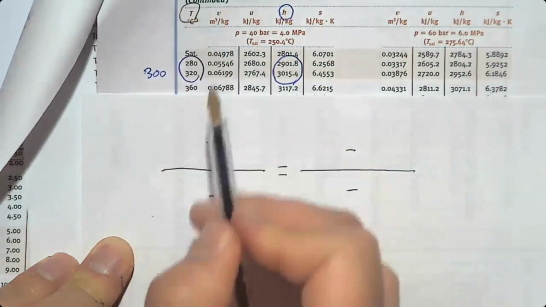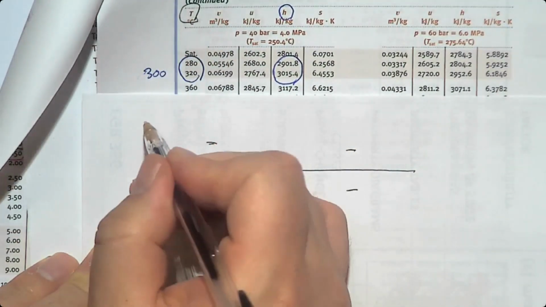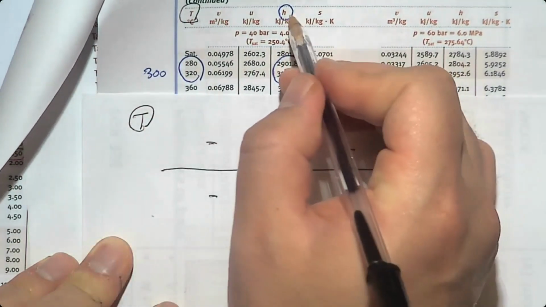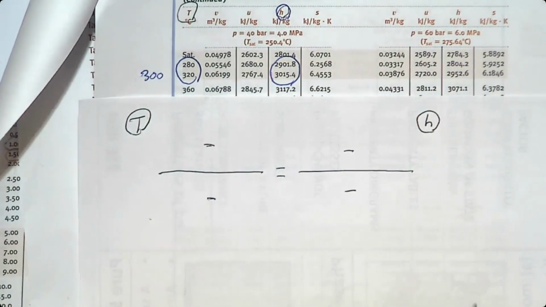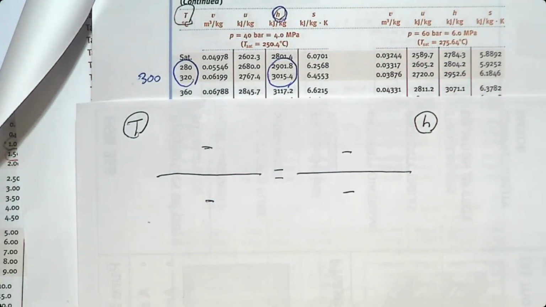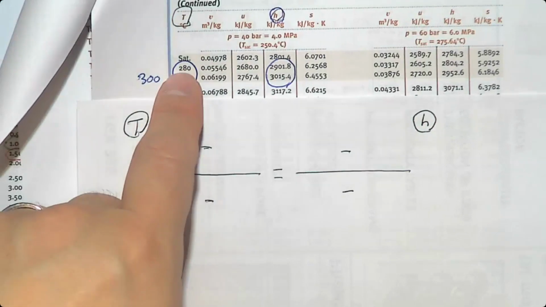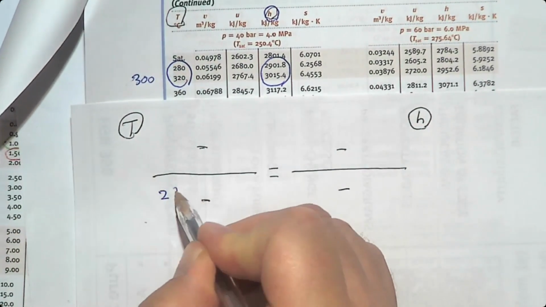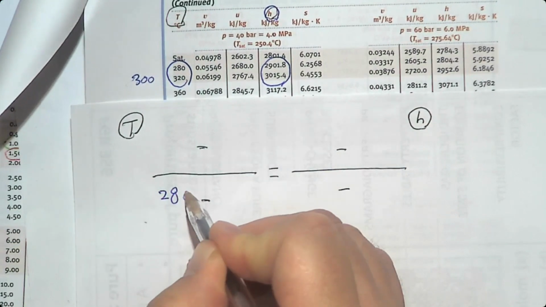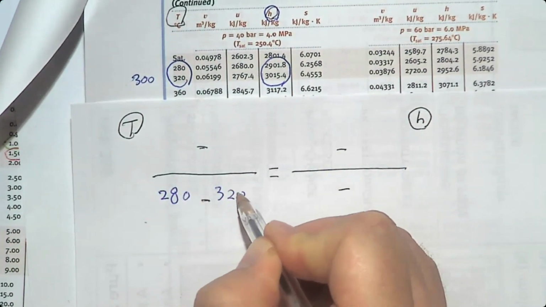So the left-hand side of this equation is going to be temperature, T. The right-hand side of this equation is going to be H. In the denominator, we are going to write the lower bound and upper bound. For temperature, the lower bound is going to be 280 and the upper bound is 320.